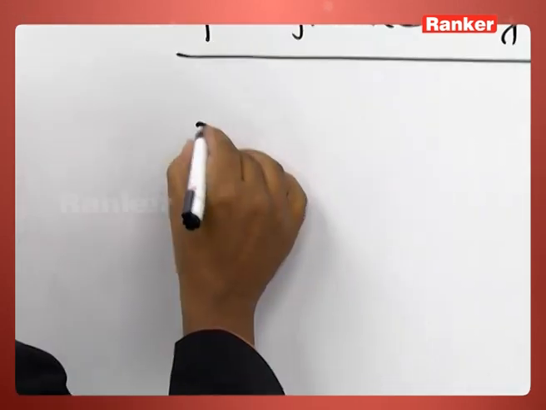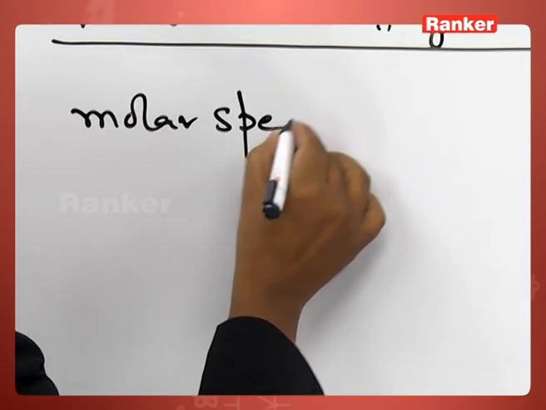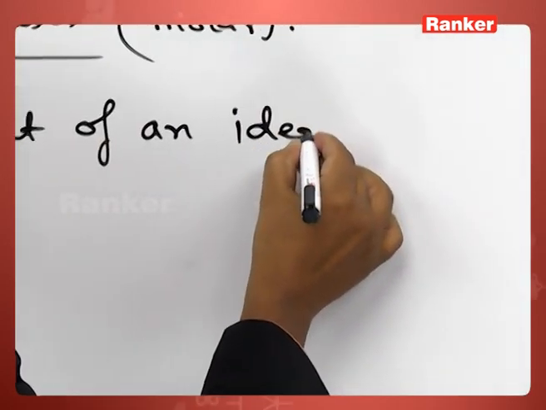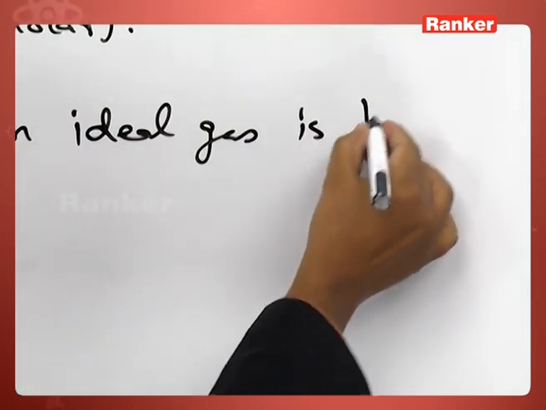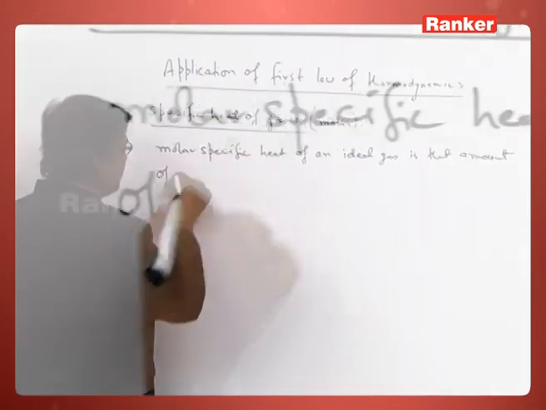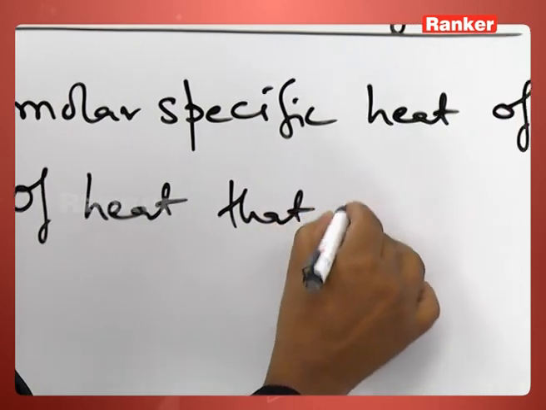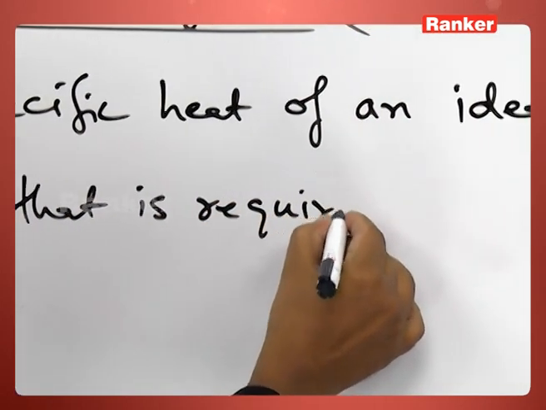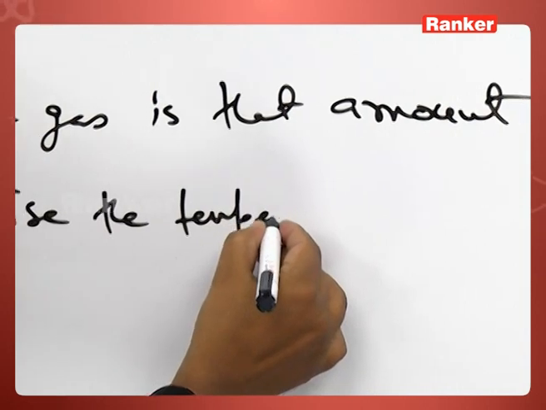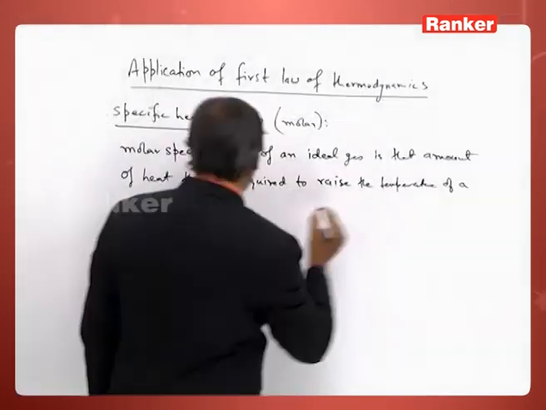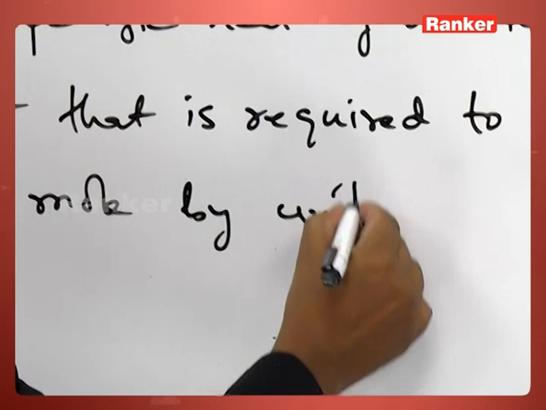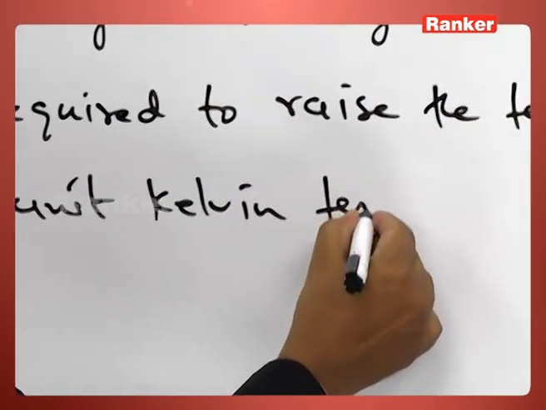The molar specific heat of an ideal gas is the amount of heat that is required to raise the temperature of a unit mole by one Kelvin.